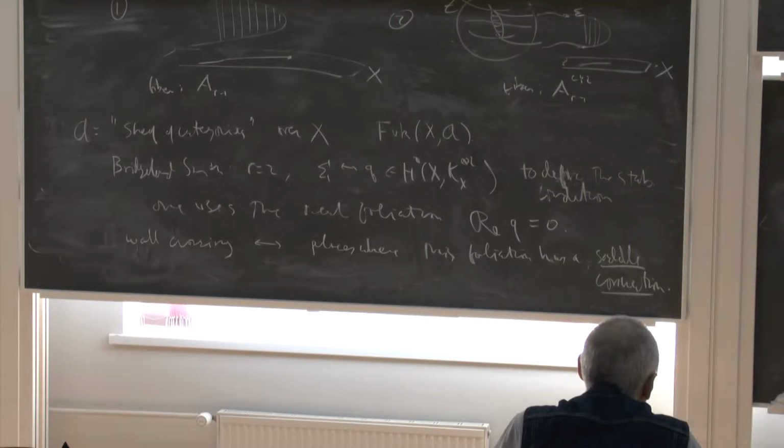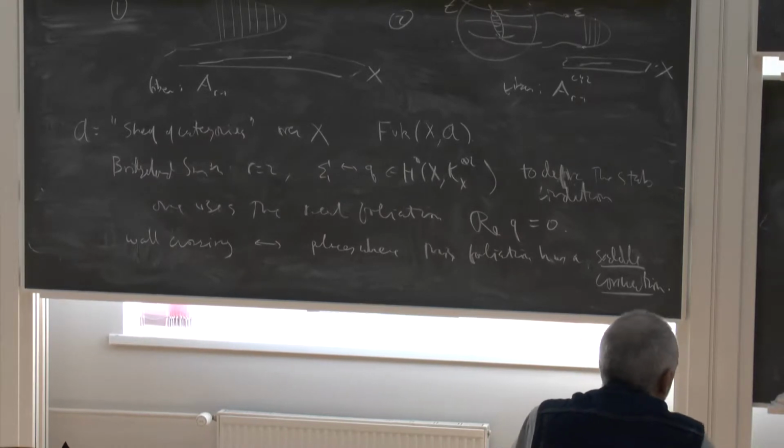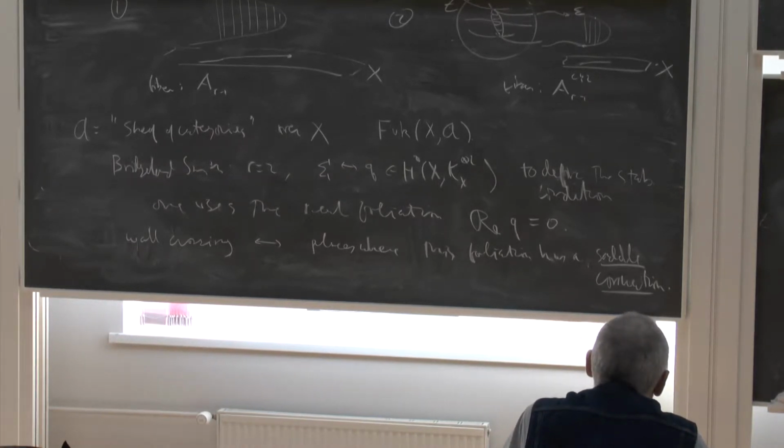A singular point is something where Q looks like z^(1/2) dz, which is d of z^(3/2). So if you think about it a little bit, the level sets of the real part of Q are the level sets where the real part of z^(3/2) is constant. And those look something like that.